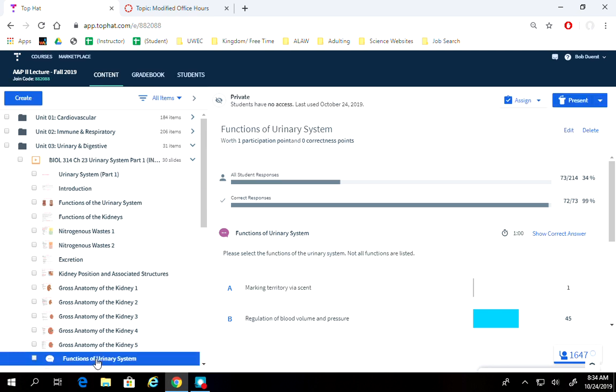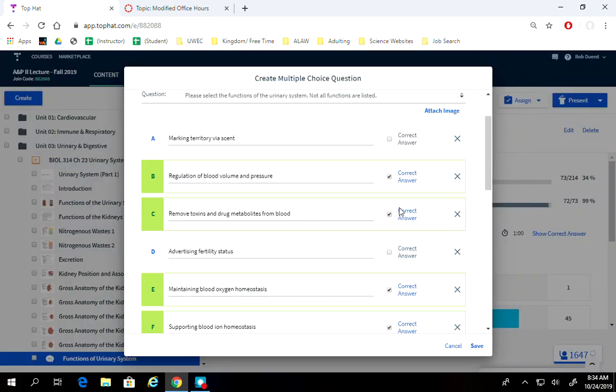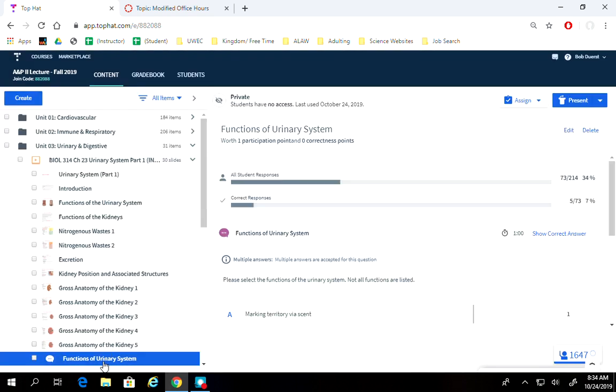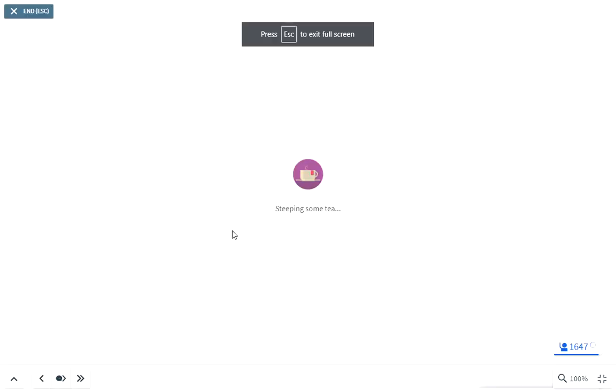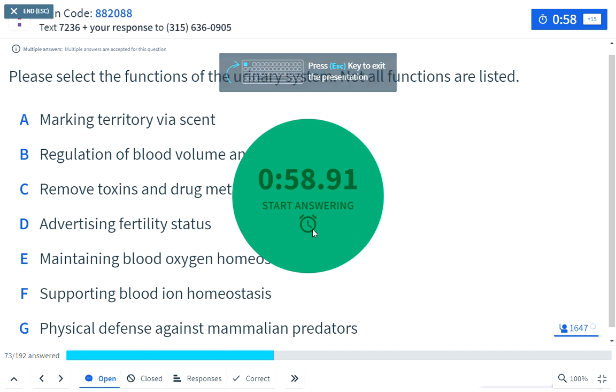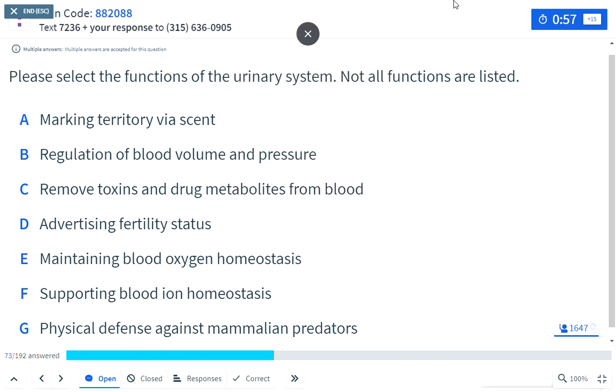Let's go to the question, let's go to edit. Apparently it didn't save. There we go. Save. Let's do that again. So hopefully, knock on wood, now you are able to select all the functions.